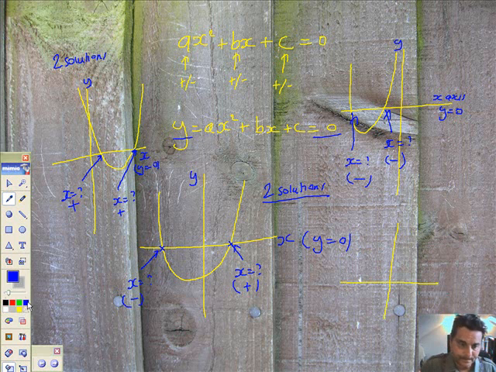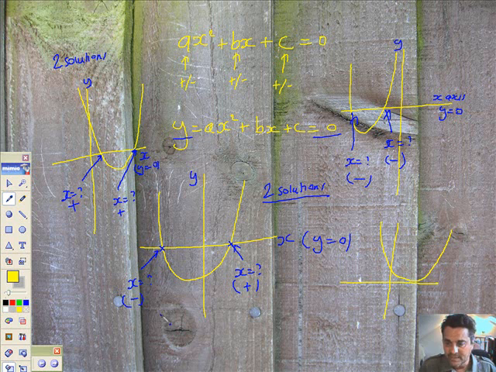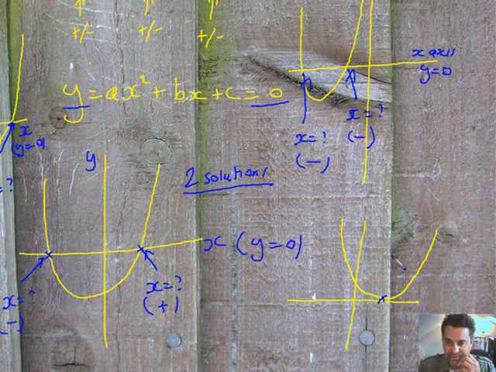What about this then? This is the graph cutting the x-axis at just one point right there. It should have actually been touching, but I couldn't make it fit perfectly. So here I have just a single solution, and it happens to be a positive value of x.